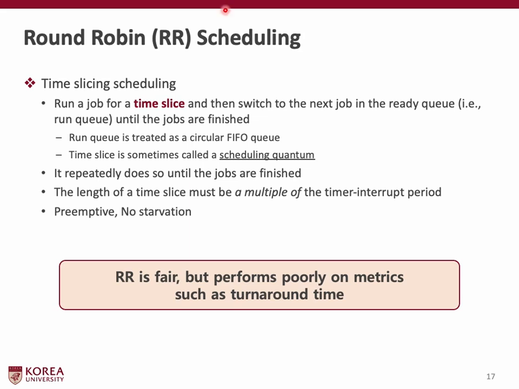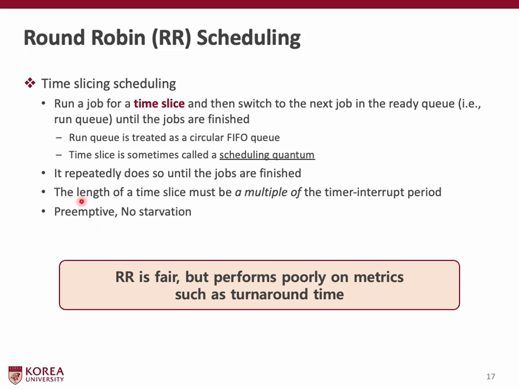The scheduler runs a job for one time slice, then moves on to the next job in the ready queue, and so on, cycling through all jobs repeatedly until they finish. This approach ensures that every job gets CPU time quickly, making it ideal for interactive systems. The ready queue in round robin is usually managed as a circular FIFO queue, that is, first in, first out, and left around. So we can say round robin is preemptive by design.